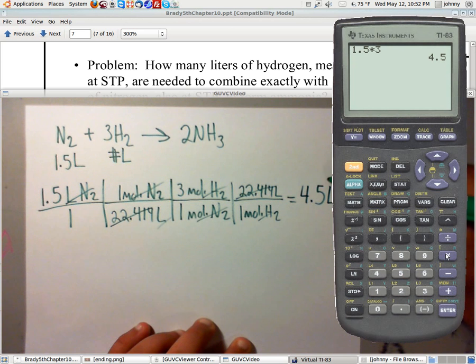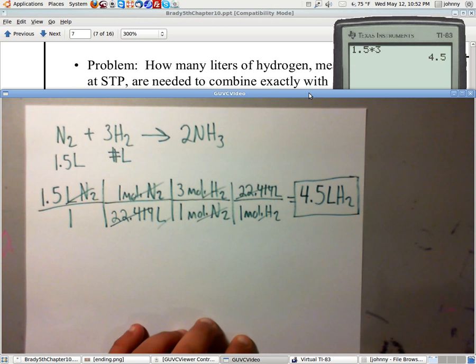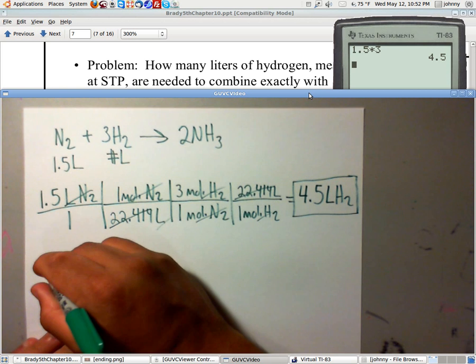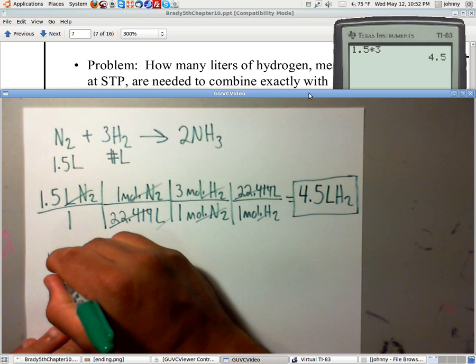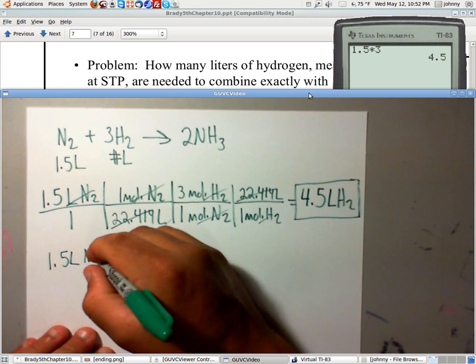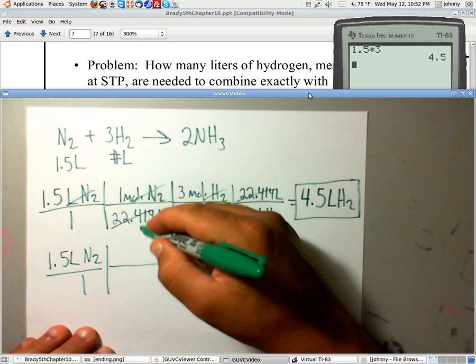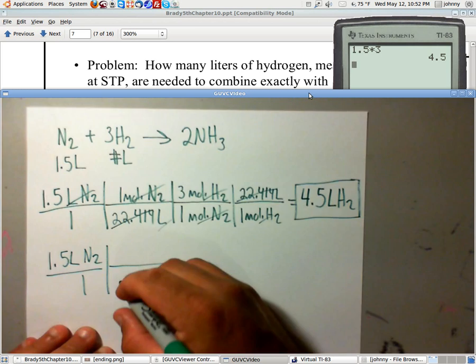Now let me show you the way that most chemistry professors and teachers explain this. Let me move the calculator out of the way really quickly. Usually they just say, well, as long as you know it's at STP, standard temperature and pressure, then this is the way that you can set it up. You can just say 1.5 liters of N2 over 1, and then you can almost just skip this step and just look at the molar ratio.